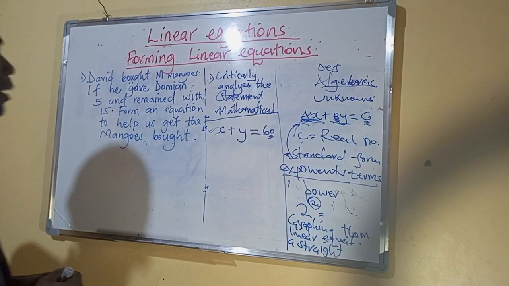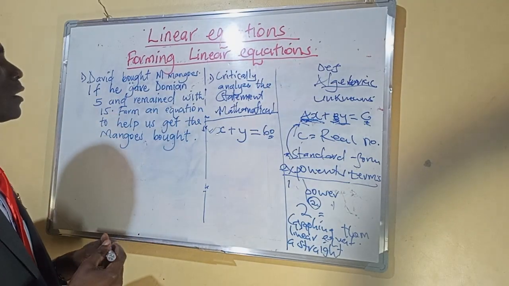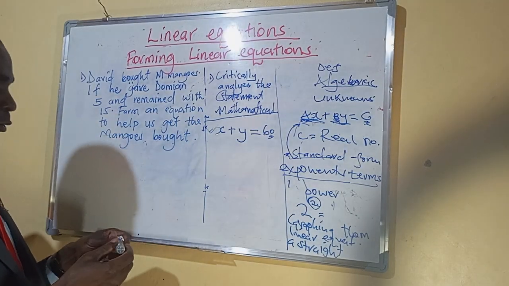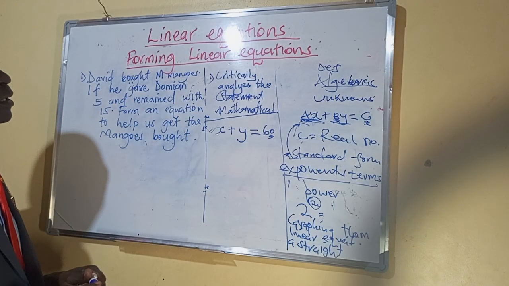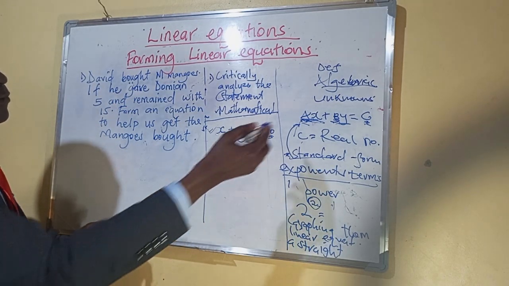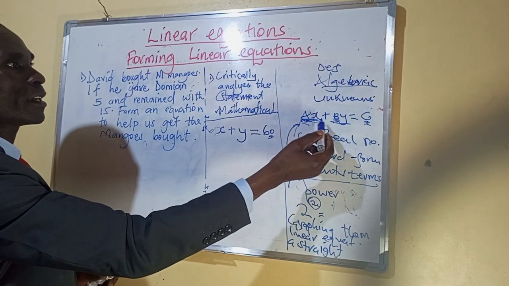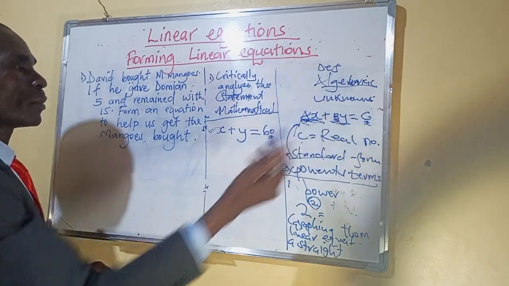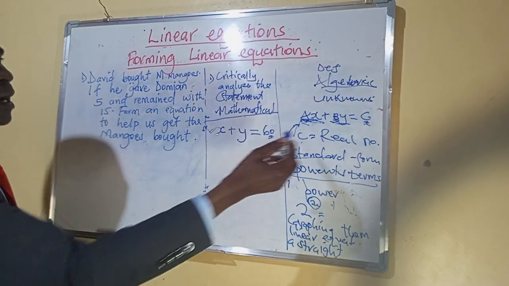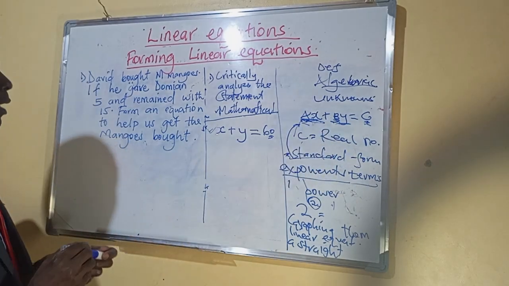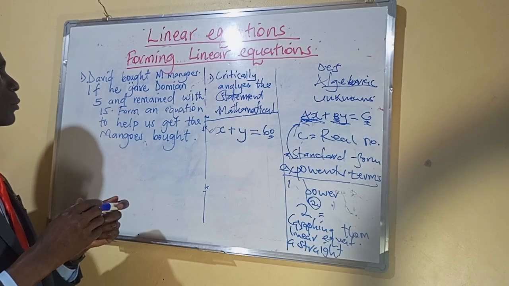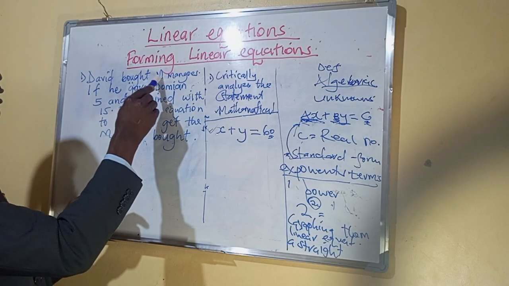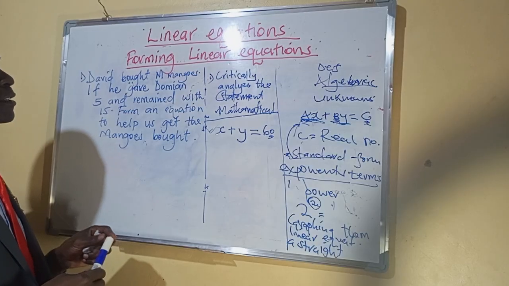Right. I believe you've seen this, and therefore you can now form a linear equation. And we say the form of a linear equation is ax plus by equals c. So we're saying David bought mangoes, and M is an unknown.